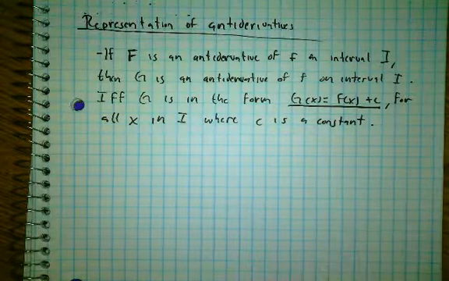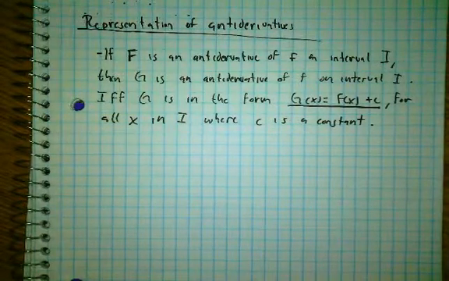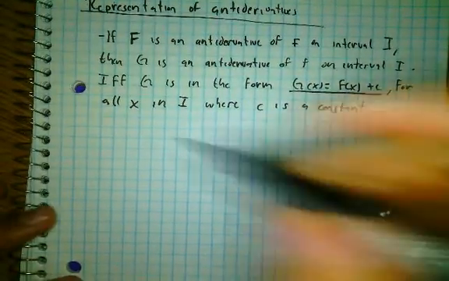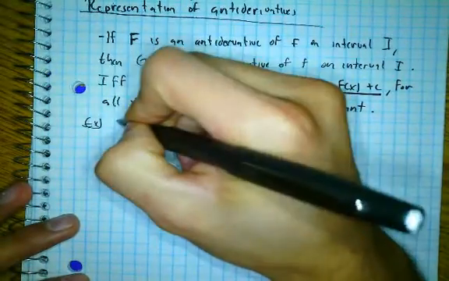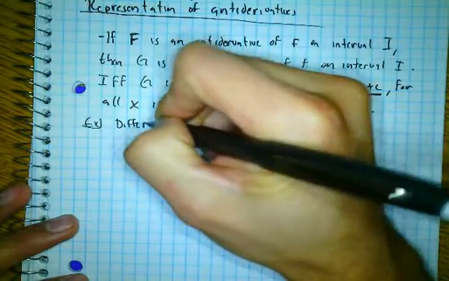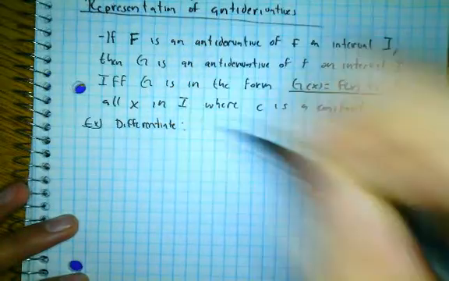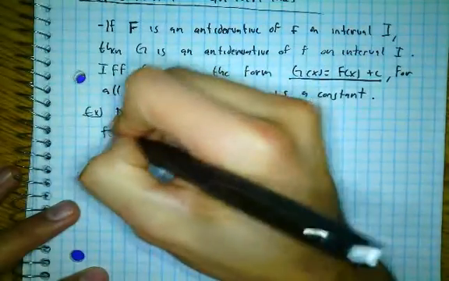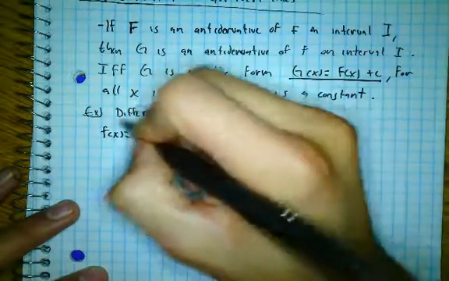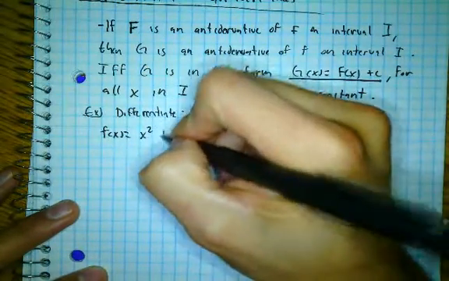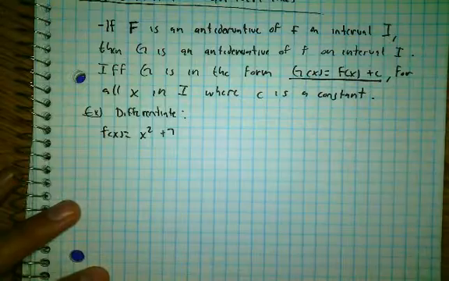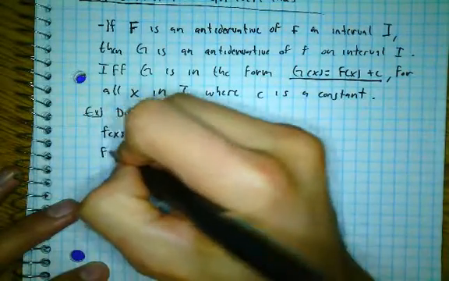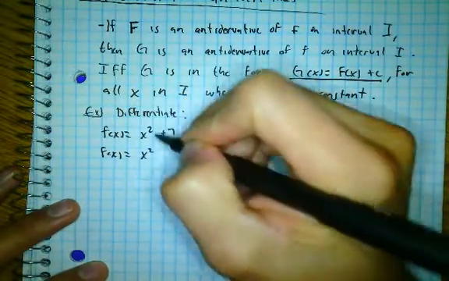Okay, so let me show you mathematically what this means. Here are the instructions. Differentiate the following. F of x equals x squared plus 7. And f of x equals x squared minus 3.